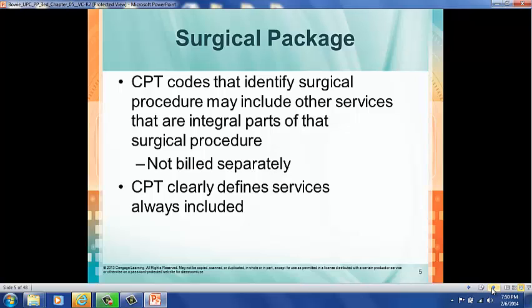Prior to the code assignment, it is important to understand what is included in a surgical package, also known as a global package. When a code is selected, it represents specific services that are included in the CPT surgical code. This term is defined differently by various payers, but the CPT book defines the surgical package as follows.